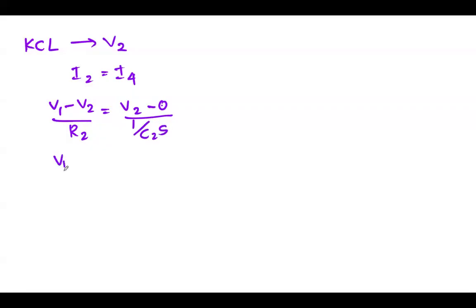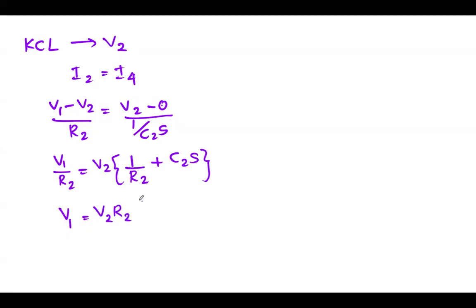Then I will simplify the equation. V1 over R2 is equal to V2 times 1 over R2 plus C2s. And V1 is equal to V2 times R2 times 1 over R2 plus C2s.